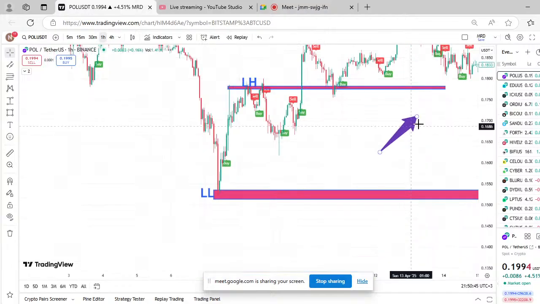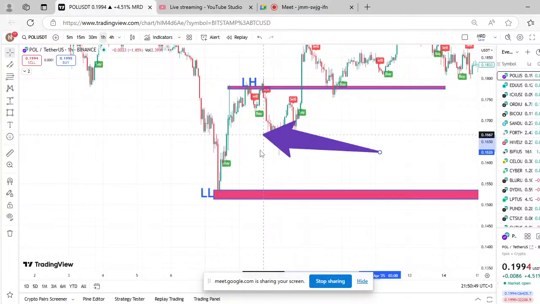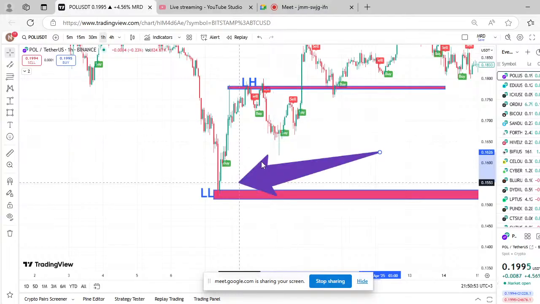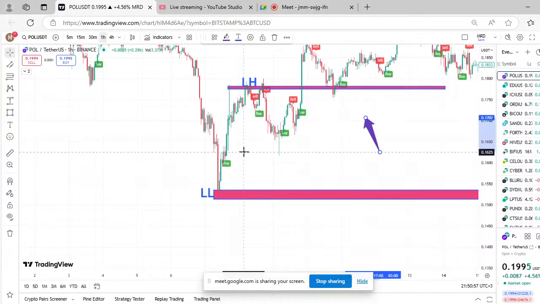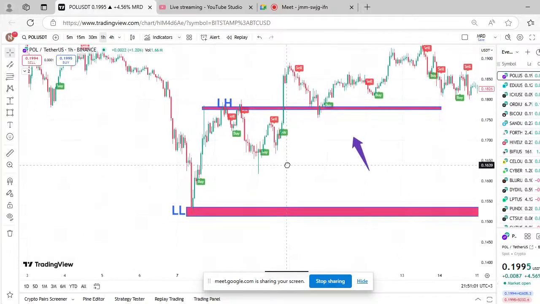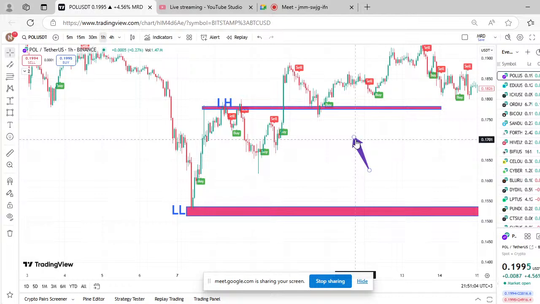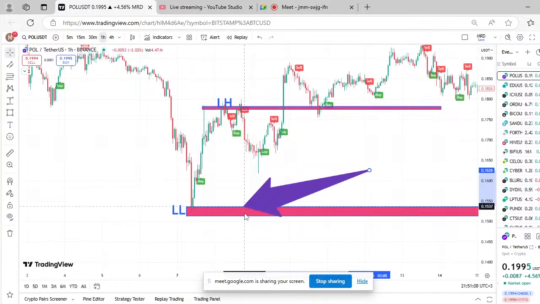What is this now? Hey, what is this between here and here? We have this. Is it a continuation? Now you are lost. Now, we said, whenever this market fails to come back, that's an impulse move.